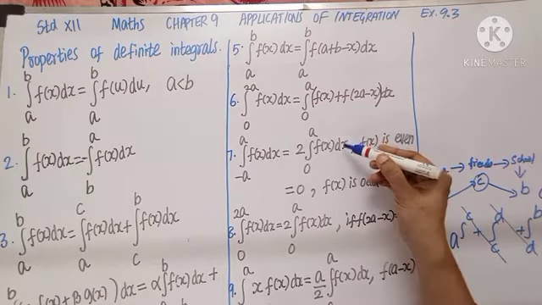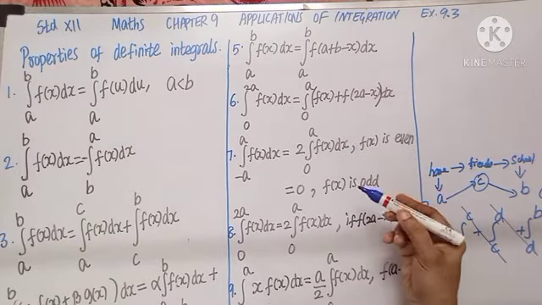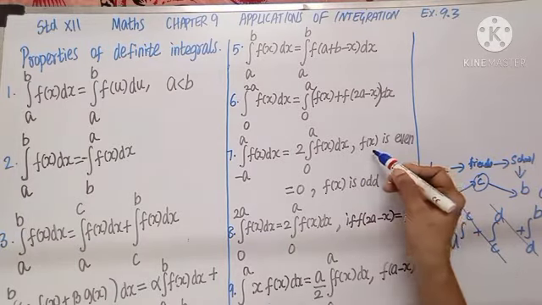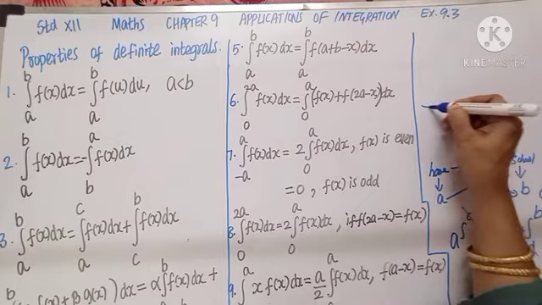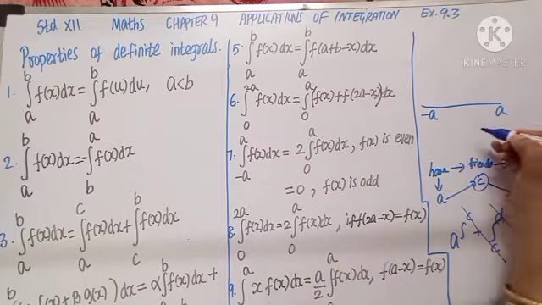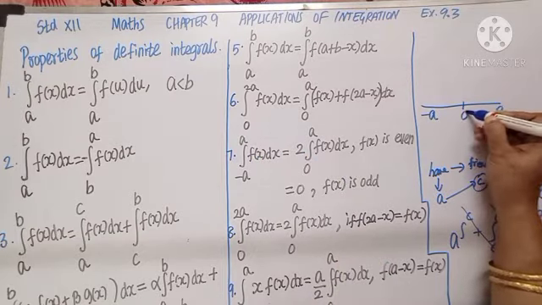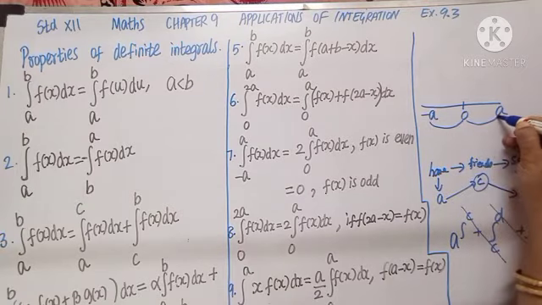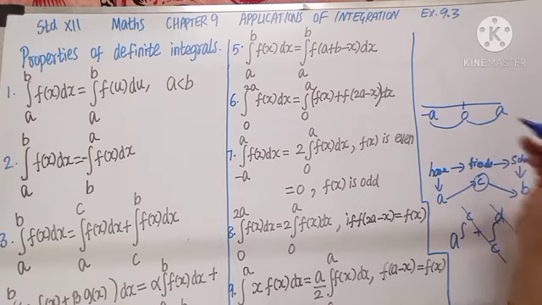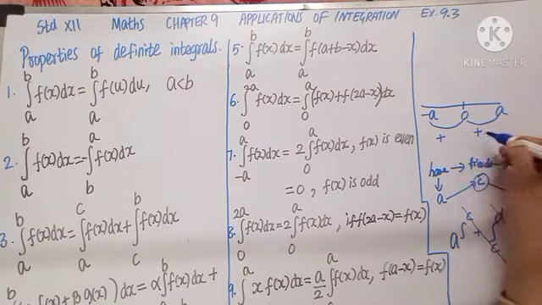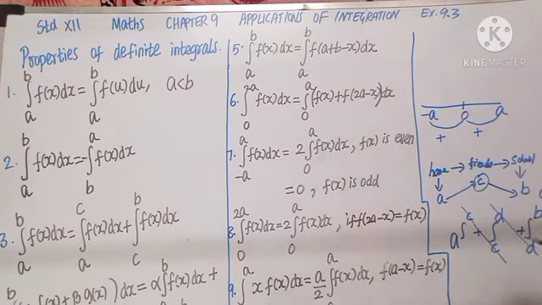The most important property that we often use in objective type problems is when f of x is even. See, my limits are from minus a to plus a. In between, definitely 0 will come. Minus a to 0 and 0 to a are the same, but with a change in symbol. If both are positive, I will write twice 0 to a.